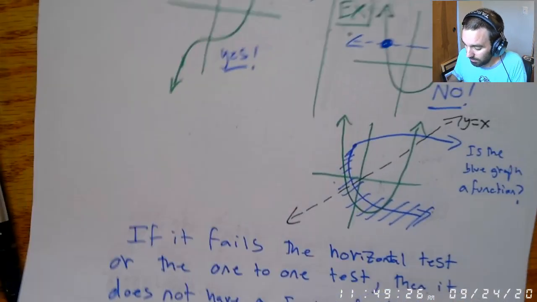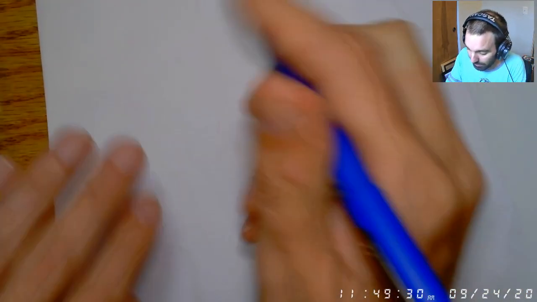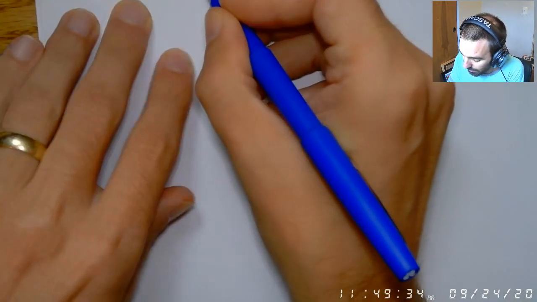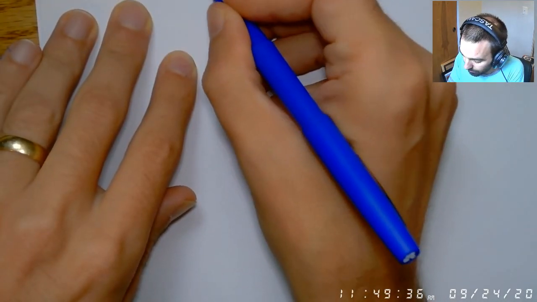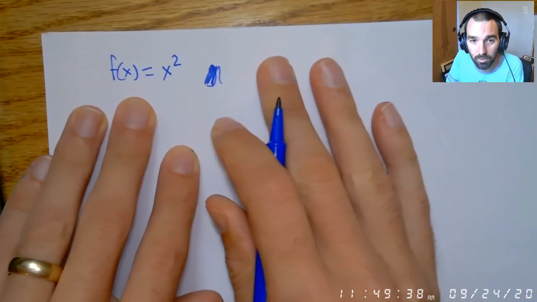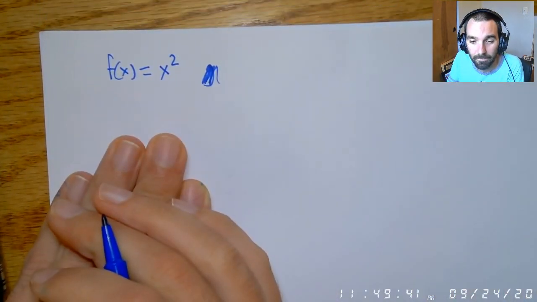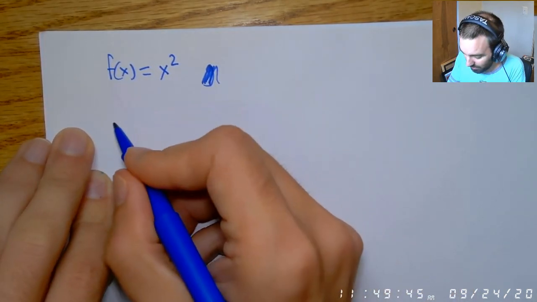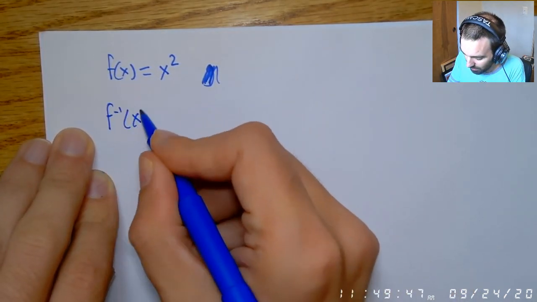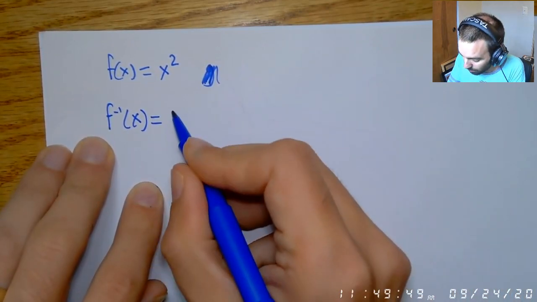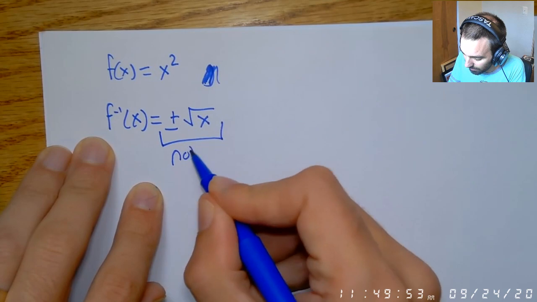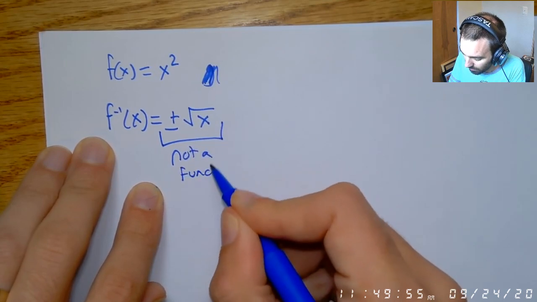So really quickly, think about f of x equals x squared. Okay, the actual inverse of this is plus or minus the square root of x. This is not a function.